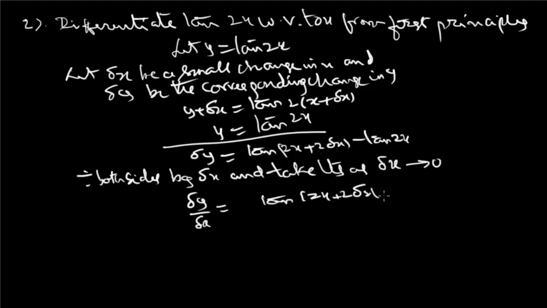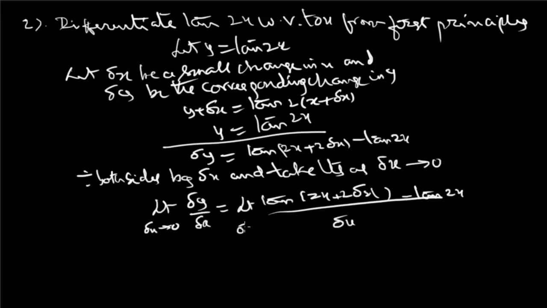You see what we have done here, 2 times of x plus delta x is there, 2x plus 2 delta x, minus tan 2x by delta x, and write limits both sides. Limit delta x tending to 0. Here also limit delta x tending to 0. By convention, left hand side is written as dy by dx as a symbol.